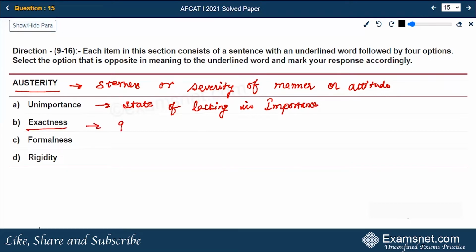Exactness means the quality of being correct, the quality of being accurate, like you are particularly exact in something, accurate or correct or precise.